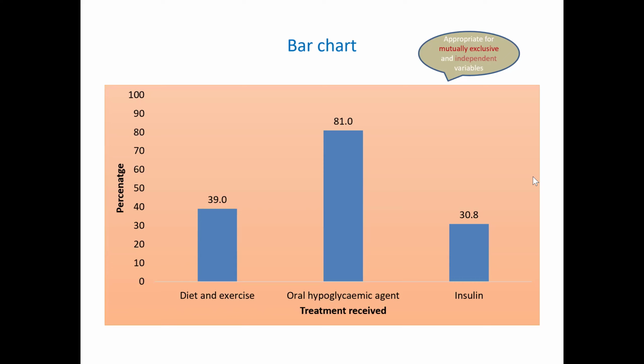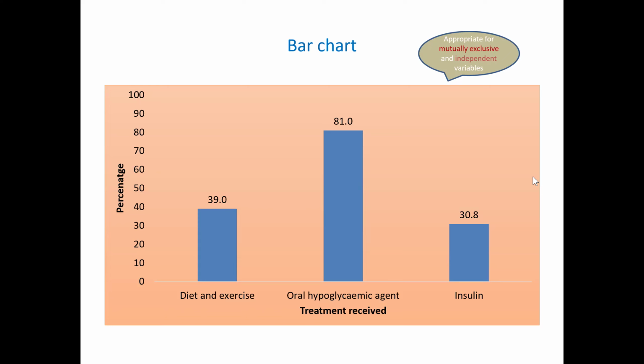So it's usually above the total 100. You cannot add it. The logic behind it is that when you see oral hypoglycemic agent, 81, that shows that some of those people may be on diet also, or some may be on insulin. So you just do it for each of them, knowing that there will be some overlap.